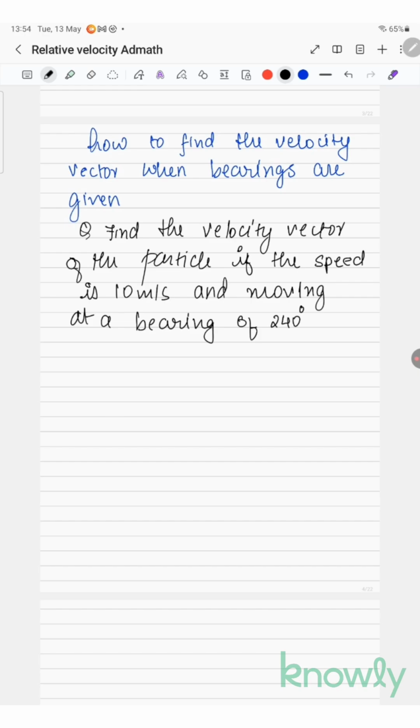Okay, so now I want to find again the velocity vector only. The question is find the velocity vector when the particle is moving at the speed of 10 meters per second at the bearing of 240 degrees.